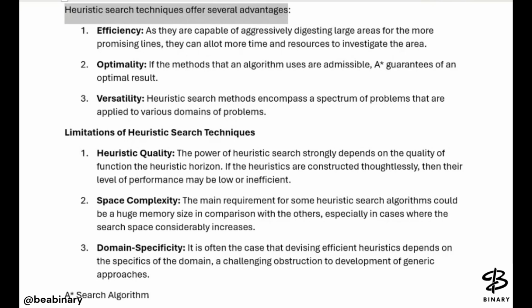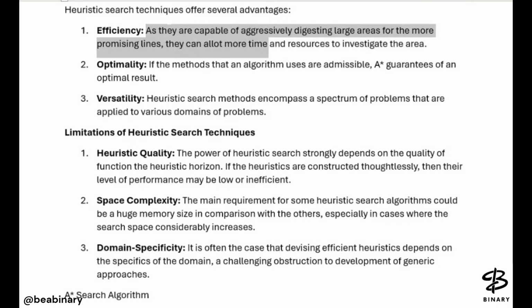On efficiency, they are capable of aggressively digesting large areas for the more promising lines. They can allot more time and resources to investigate that area. So somewhere the planning is there, somewhere the movement is there, somewhere finding the best time possible is there. So efficiency will be improved.